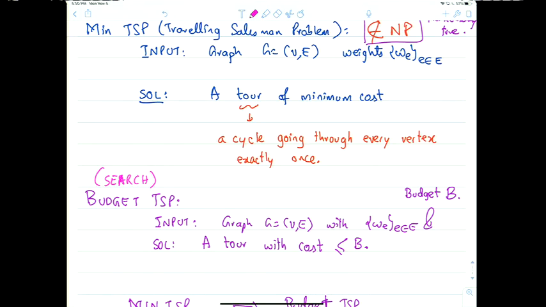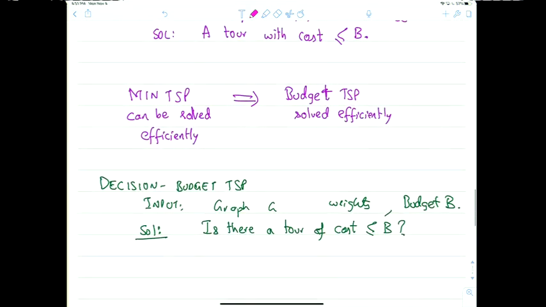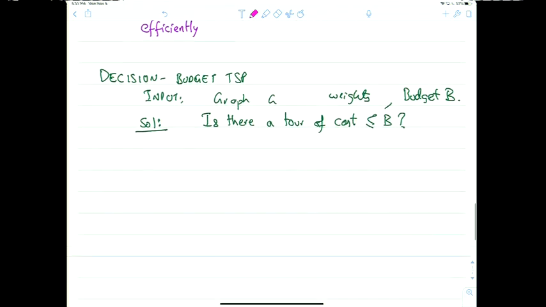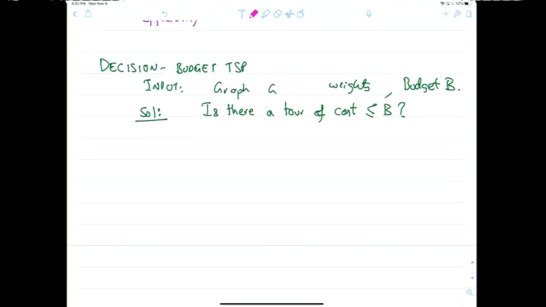Typically in this class, we'll be talking about search problems, so we'll be looking at budget TSP. But as you can see, you can prove that they're all related to each other. Though proving that if you can solve the decision version, you can also solve search, is actually a slightly interesting exercise. You should try to do it. Maybe part of the homework. Okay, so we've seen a few NP problems.